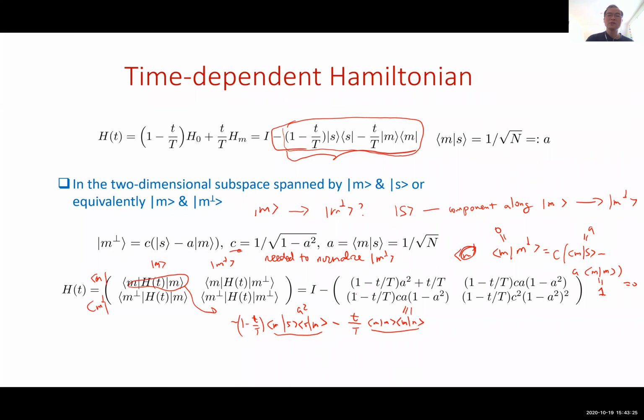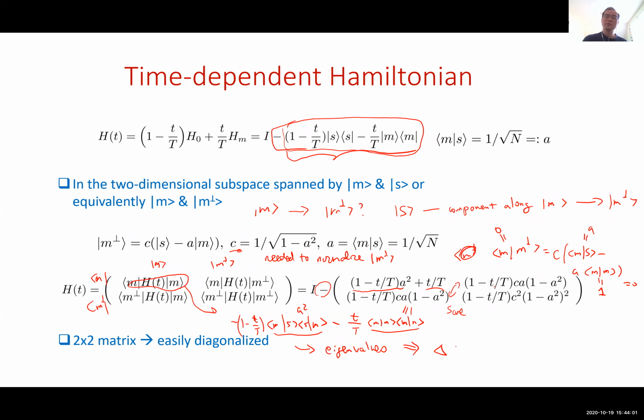So that's why I get this 1 minus T A squared plus T over capital T. Okay? And you do this for all the other 3. In fact, these 2 are the same. And you can get this matrix. It's a 2x2 matrix, so it can be easily diagonalized by hand. And when you do that, you can get the energy, right? Diagonalize and get the eigenvalue.